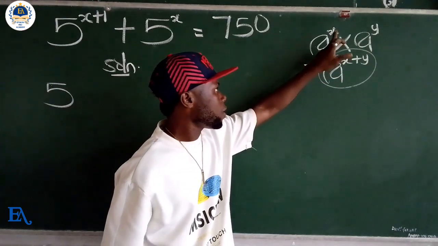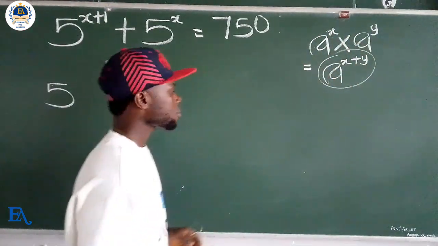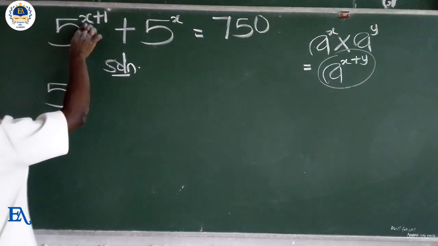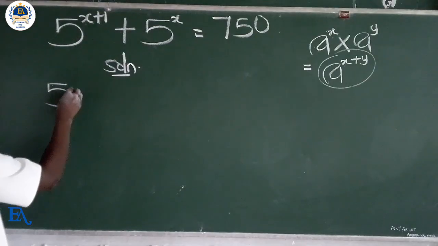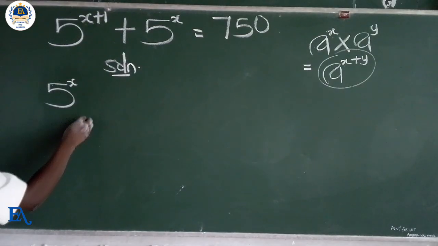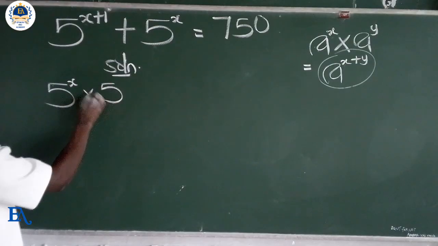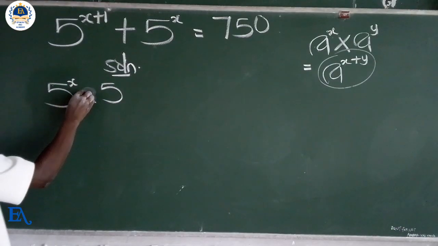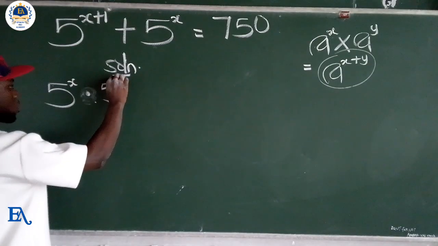That gives 5 raised to the power of x times 5 raised to the power of 1. Let's use dots to represent the times.